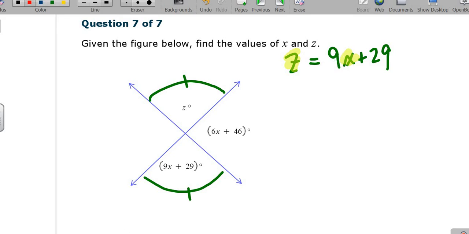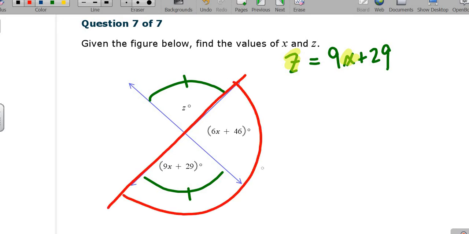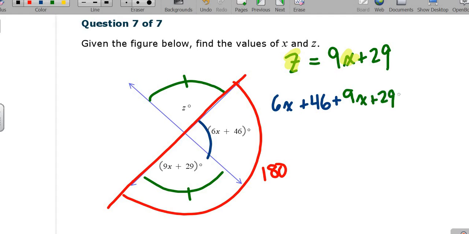So you look at what you can do. I have a straight line. These guys add up to 180. So I could say 6x plus 46 plus 9x plus 29 equals 180.